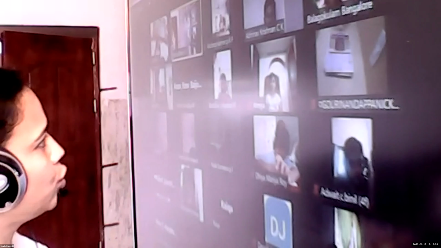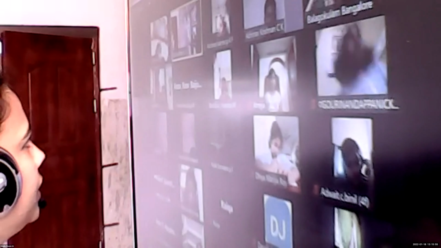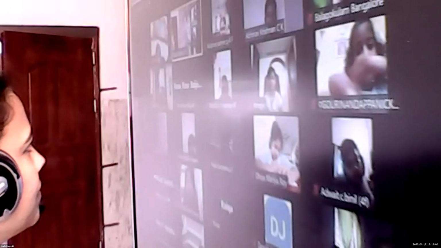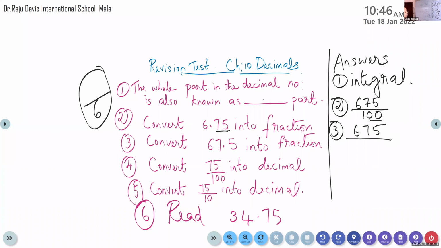If the decimal part is 2 digits, what will be the denominator? 100. If the decimal part is 3 digits, what will be the denominator? 1000. Yes. So what's the answer here? Abhinav, tell me. 675, write the number without any decimal point. Anyway, we first write 1, then check how many zeros. Here only 1 digit, so how many zeros? Only one 0.